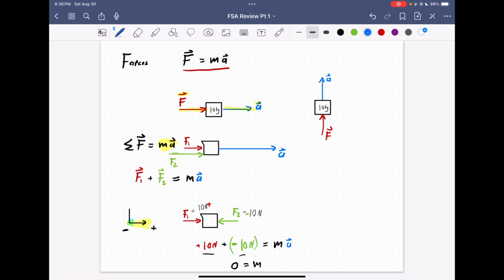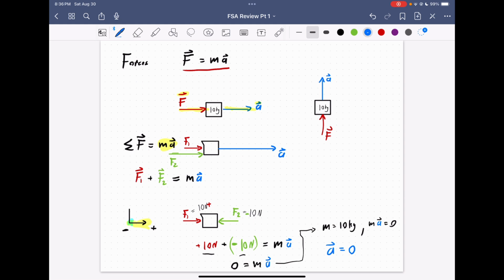Mass times acceleration, which if we know that the mass equals 10 kilograms, and we also know that mass times acceleration equals 0, don't forget that hat, we know that acceleration must equal 0.